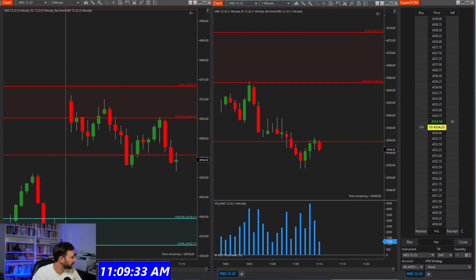So you're on the 1 minute. 63. When I got in, prices were hovering on the VWAP, and then we broke to the downside. Then we came to retest the VWAP, and then we continued to the downside.